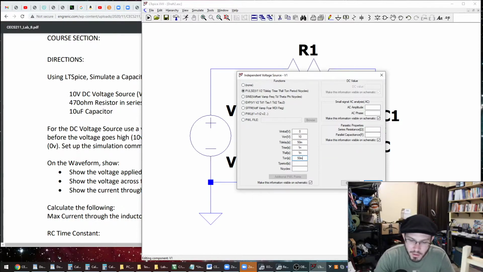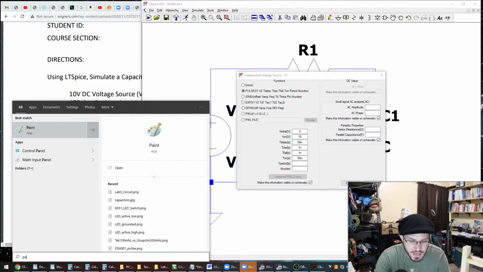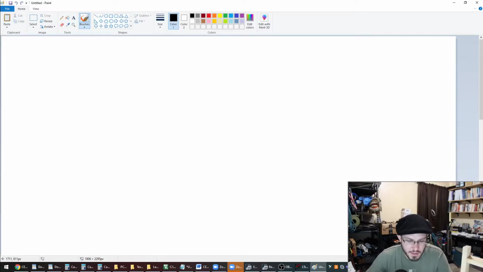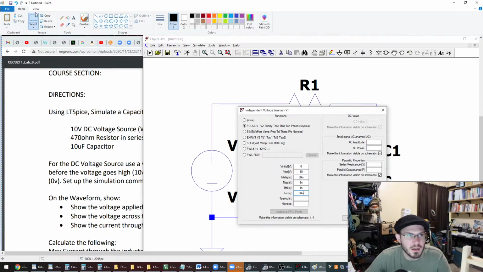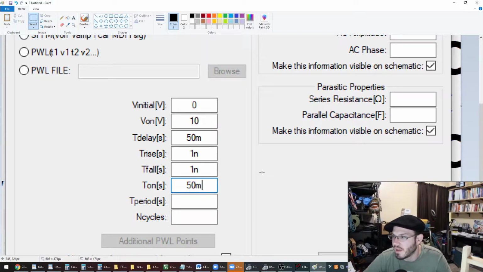And then I will print screen, open up Paint, paste this in here, crop this, zoom in, and you can see the values there: 0, 10, 50M, 1 nanosecond, 1 nanosecond, 50 milliseconds.